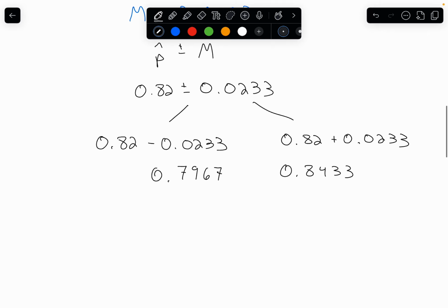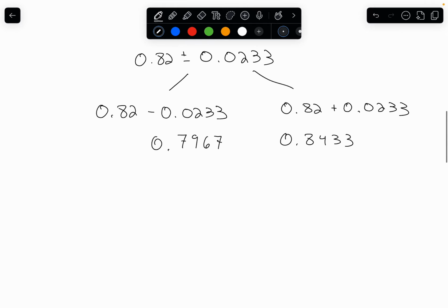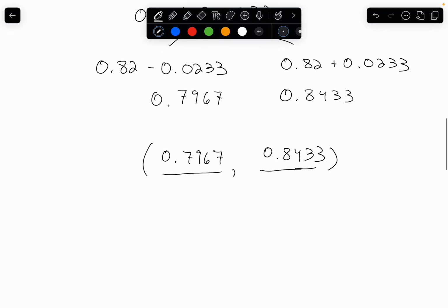Now, when we write our confidence intervals, most often we'll be writing those in interval notation. So that's going to look like blank, comma, blank in parentheses. And it's saying, here's your lower bound, kind of the left bound of that interval, and here's the upper bound. So in this case, I would say (0.7967, 0.8433) is how I would write that confidence interval.